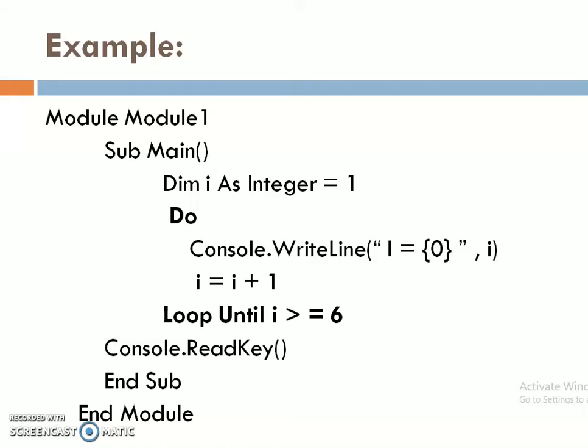We write the do word, then the body of the statement: we print the I variable using WriteLine function, then increase the I variable using I = I + 1, and last we write loop until, then give the condition I >= 6, which means we give the false condition to print 1 to 5 numbers. Now let's see the example in a console application.